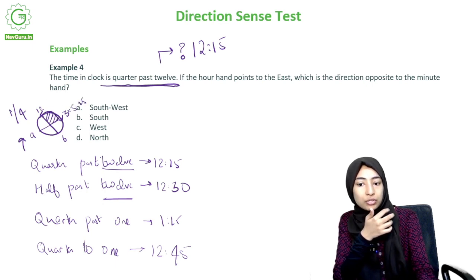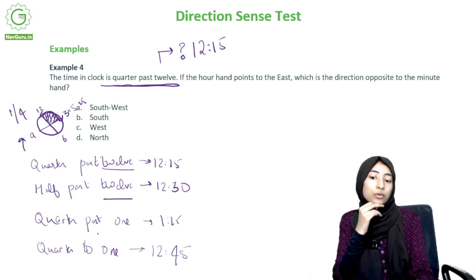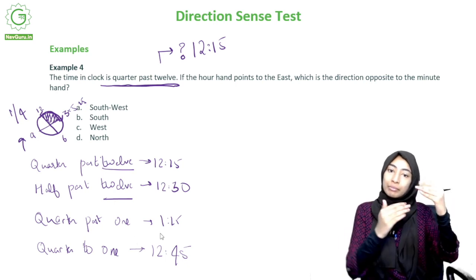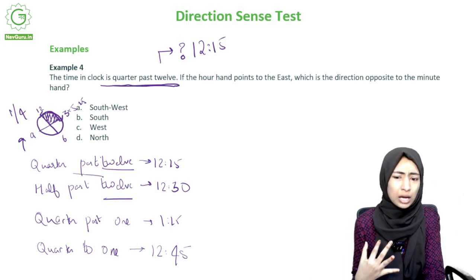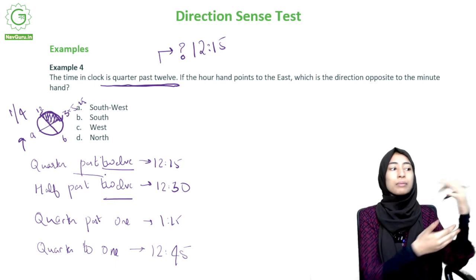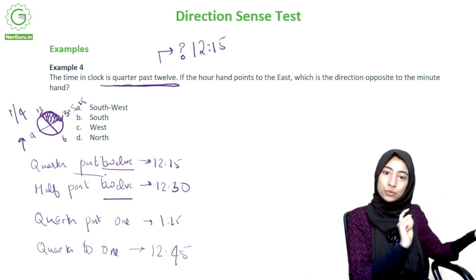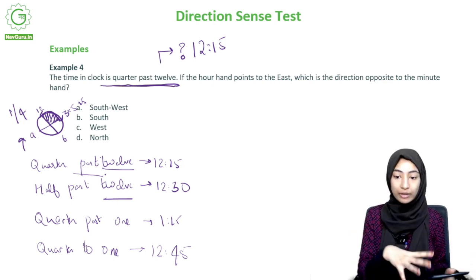So this is 15 minutes. So what we mean by quarter is basically 15 minutes. So when you say quarter past 12, what we mean is 15 minutes after 12. You would have heard of past, right? So something past something is this much after this. So quarter past 12 means 15 minutes after 12.